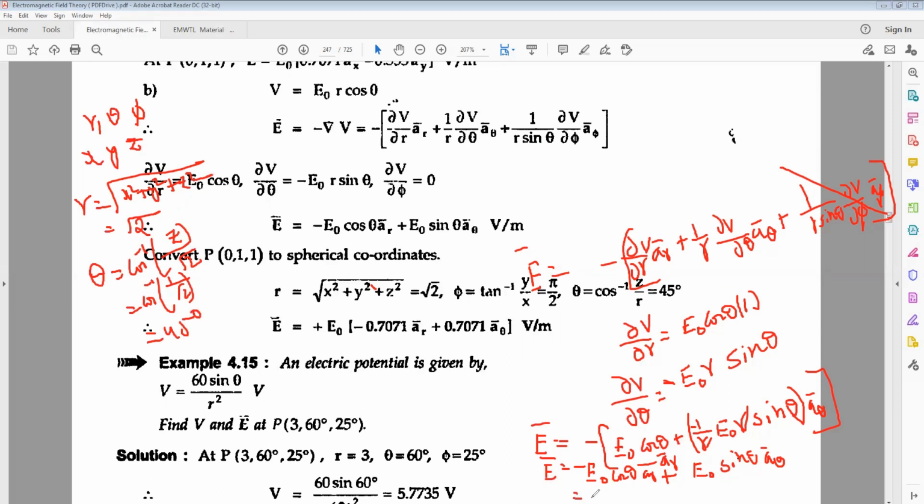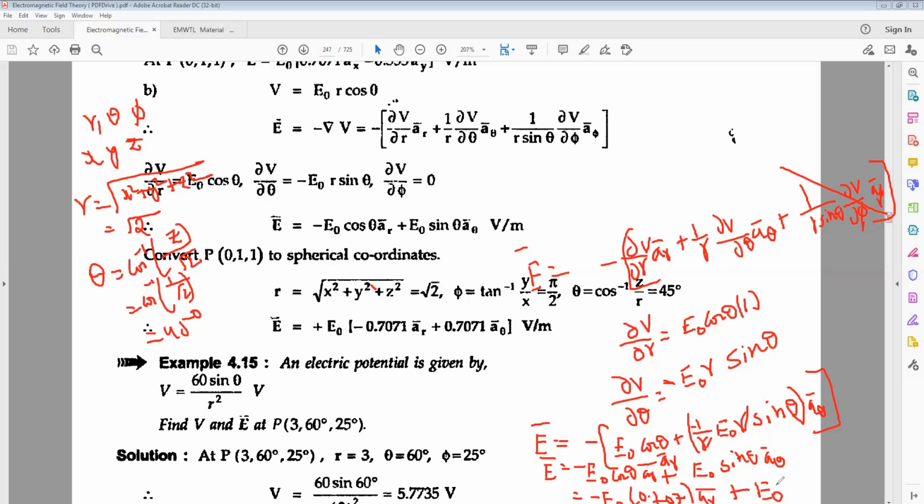So cos 45 is 1 by root 2, nothing but 0.707, so minus E naught into 0.707 a r bar, plus E naught into sine theta, where theta is pi by 4.